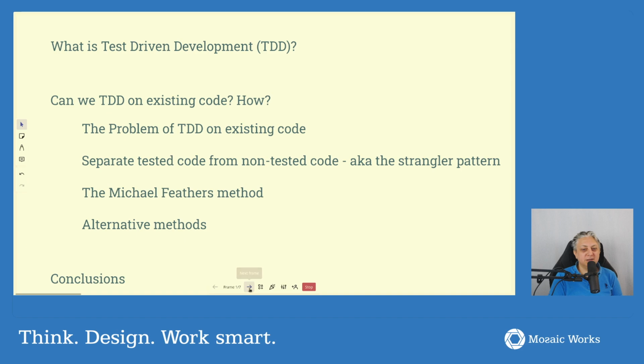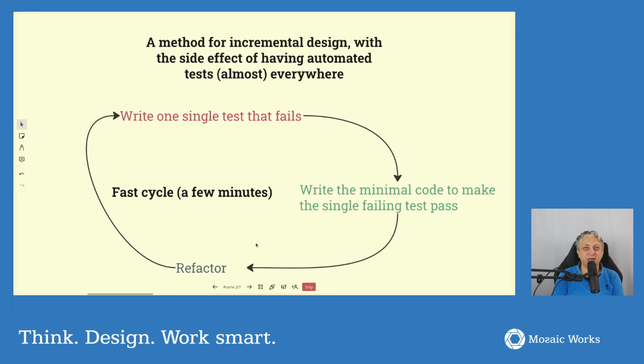So let's look first at what is test-driven development. A few things that are important here. Test-driven development, despite the name that includes tests, is a method for incremental design. What does it mean to do incremental design?